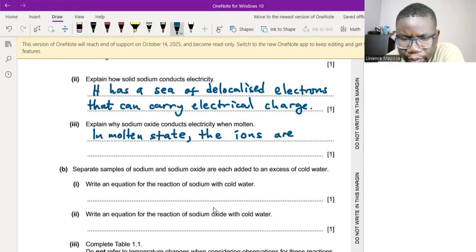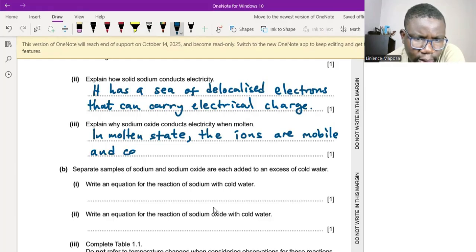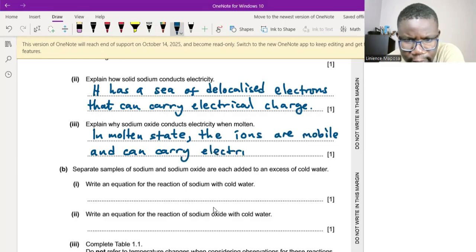The ions are mobile and can carry electrical charge. That's it.